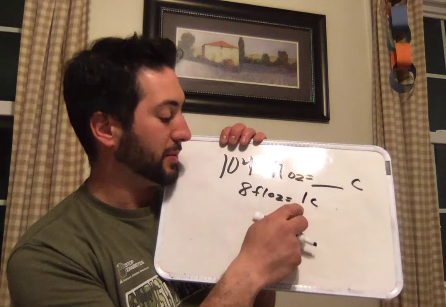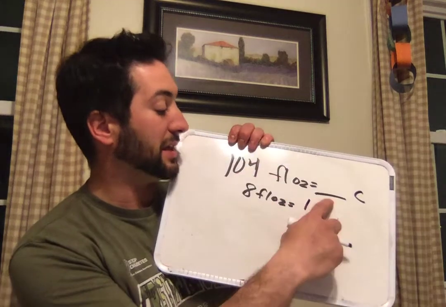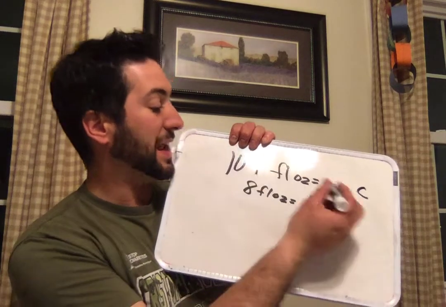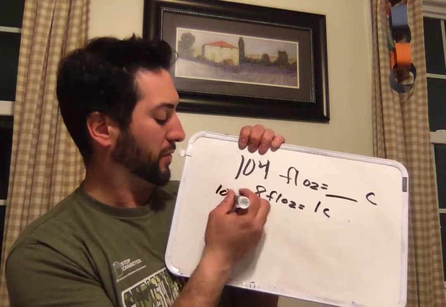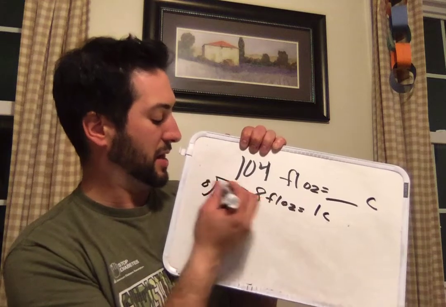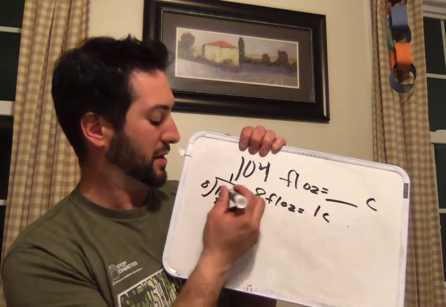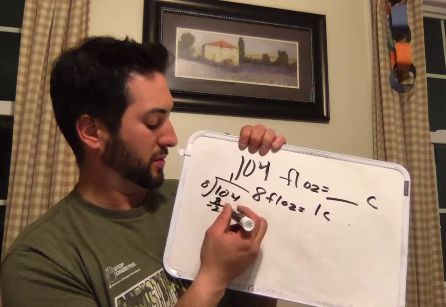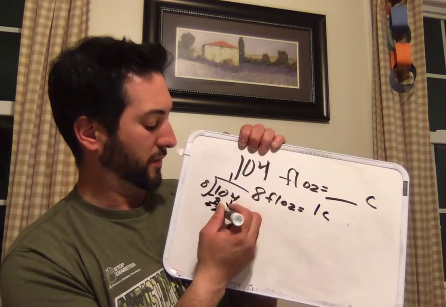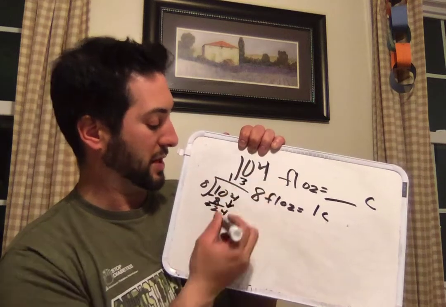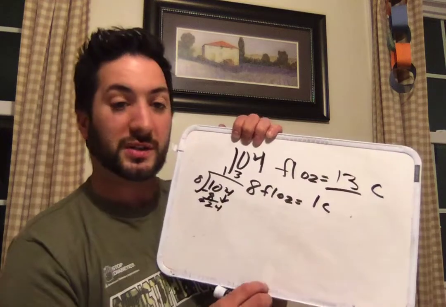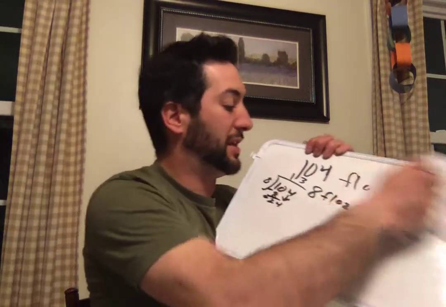So this number is 8 times bigger than this number. What do we do? 104 divided by 8. 8 goes into 10 one time. 1 times 8 is 8. Then 24. 8 goes into 24 3 times. So it ends up being 13.